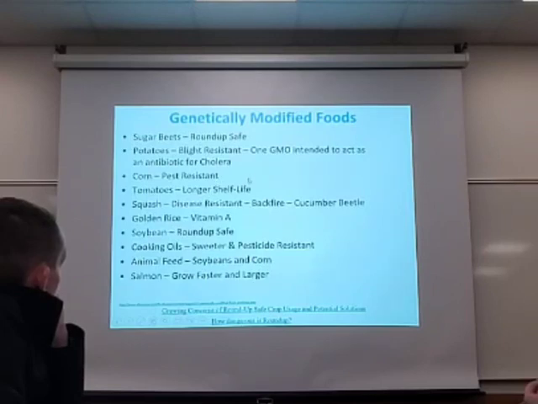And if used correctly, probably not such a big deal. Used incorrectly, problem. Pest resistant, so they don't even have to use a spray. Oh, that's cool. Resistance to things like potato blight. That's cool. Okay, so we have a whole bunch of things that are out there.